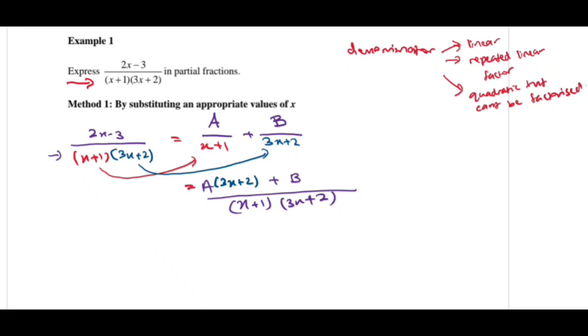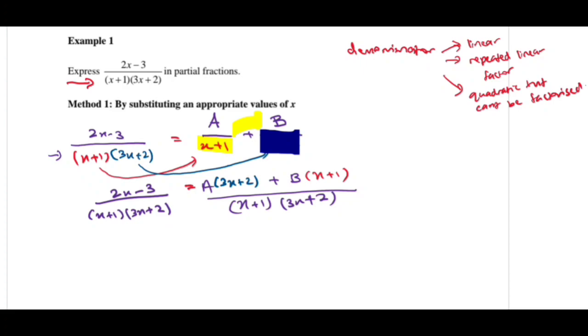Or an easier way to look at this is, when we want to find the factor that we want to multiply with A, we can simply ignore the denominator of A and then look at the other denominator. So just multiply A with the other denominator. Same goes for B. To find what we should multiply with B, we ignore the denominator of B and just multiply B with the other denominator, which is x plus 1.